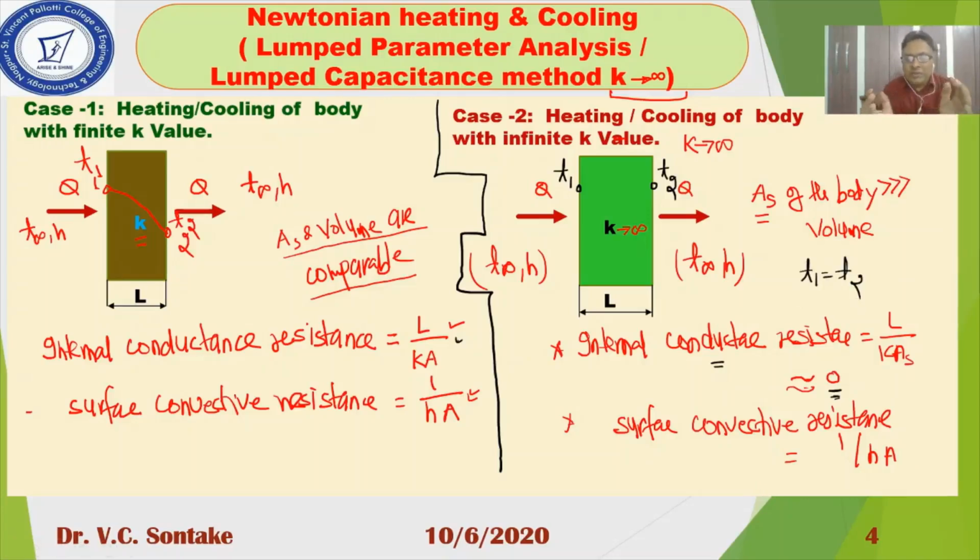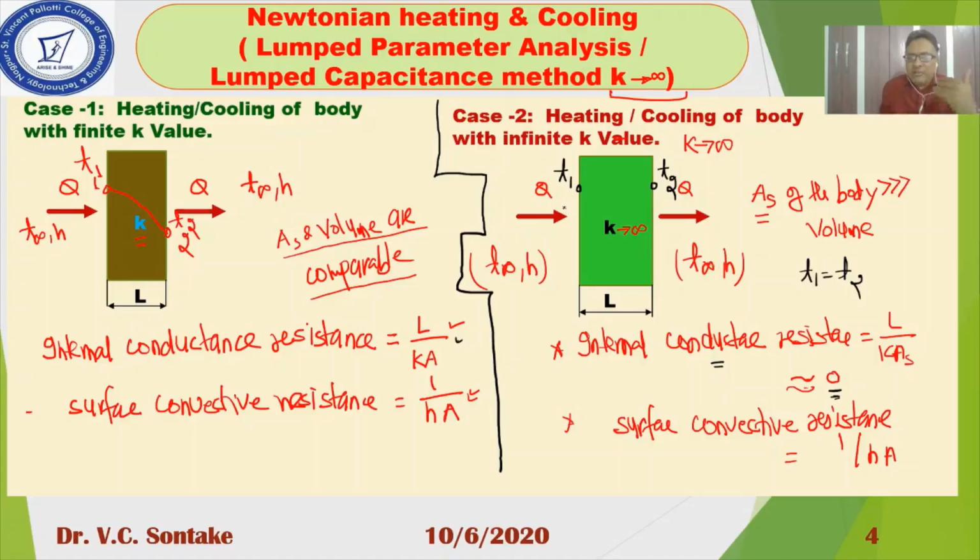So let me conclude this. When a body is having infinite thermal conductivity and its surface area is very large compared to its volume, and if such a body is undergoing heating or cooling, in this case, the internal conductance resistance offered by the body of the material is zero, and as a result of this, no temperature gradient exists across the faces of the body, or there is no temperature gradient at all within the body itself.